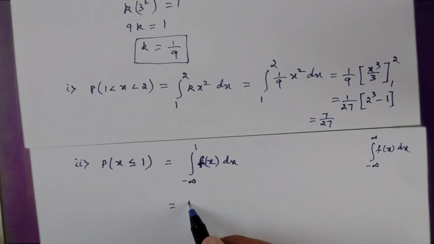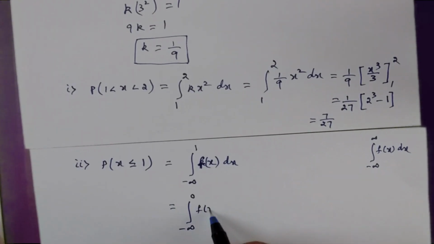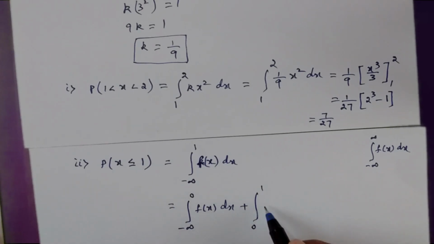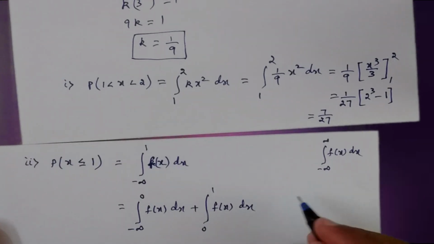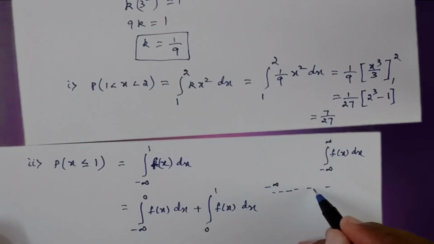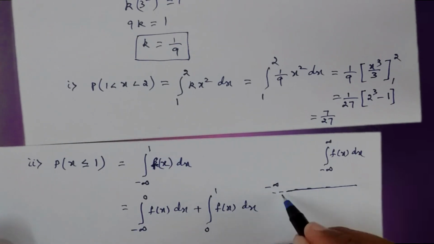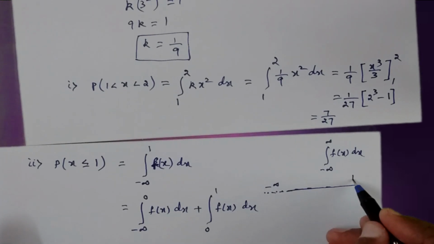0 to 3. I can rewrite this as the integral from minus infinity up to 0 of f of x dx, plus again the integral of 0 to 1 of f of x into dx, because the value is from minus infinity up to 1.